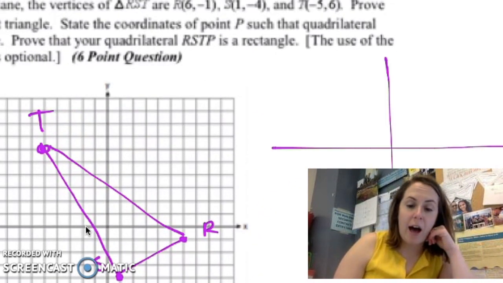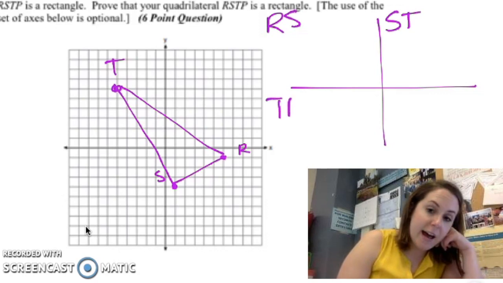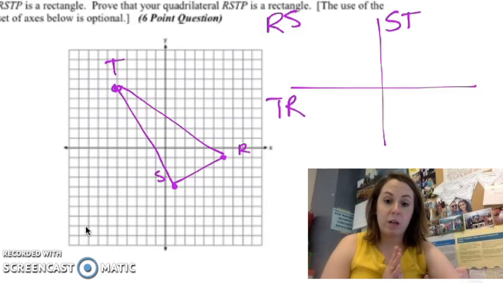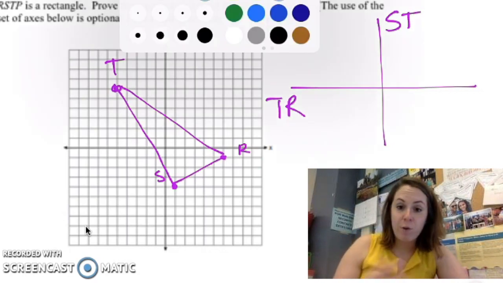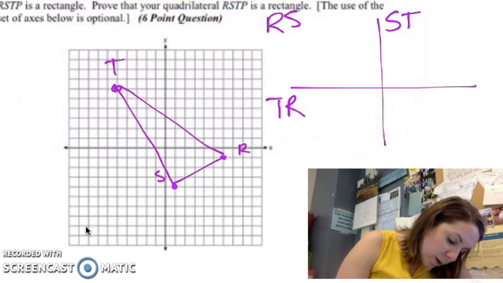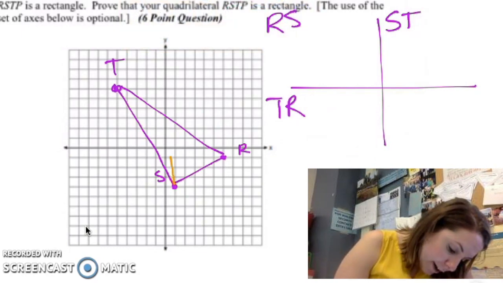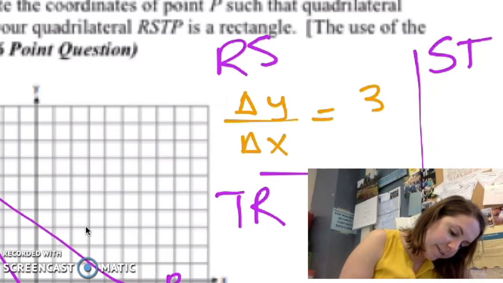To show it's a right triangle, I want to use slope. So I'm going to find the slope of RS, ST, and TR. And you are looking for perpendicular slopes, right? You can do this either by just counting on the graph or by using the slope formula. I'm going to just count on the graph. So if I do RS, I go up 3 over 5. So change in Y over change in X is 3/5.